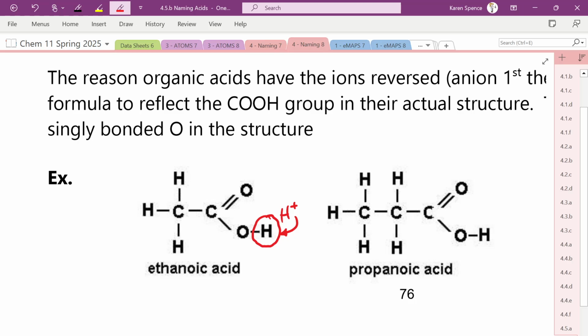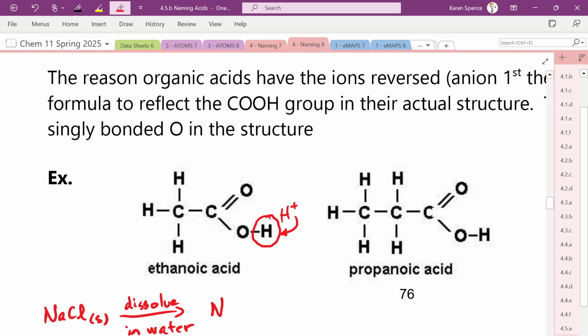Do you remember what happens when we take NaCl and we dissolve it in water? What happens to the ions? Yes. They separate. Yes? The ions separate.